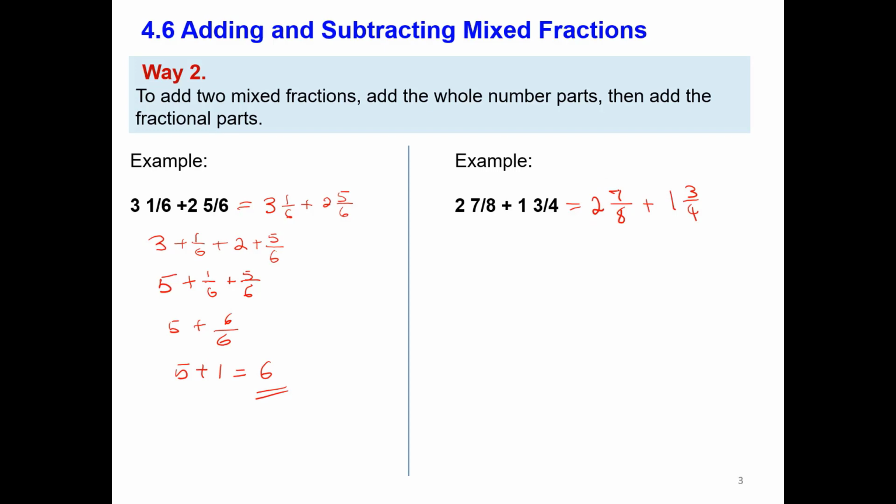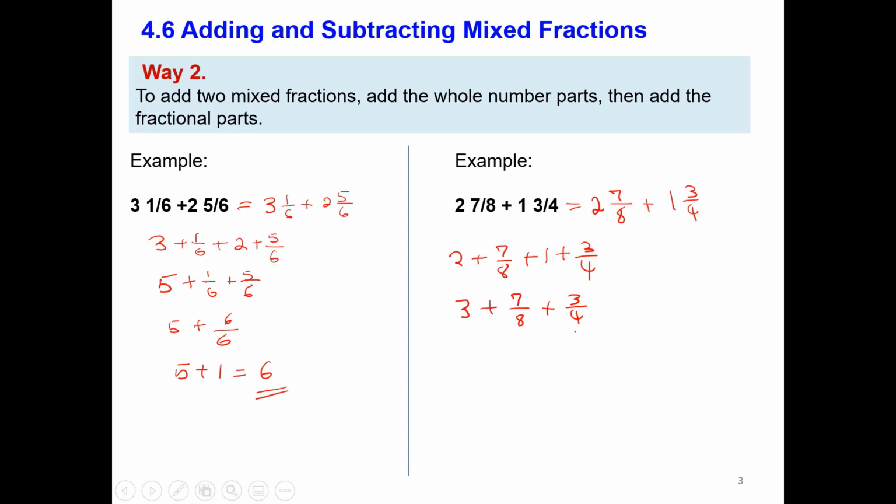We can write these mixed numbers as 2 plus 7 over 8, plus 1 plus 3 over 4. Then we add the whole parts: 2 plus 1 equals 3. Then we add the fractional parts.